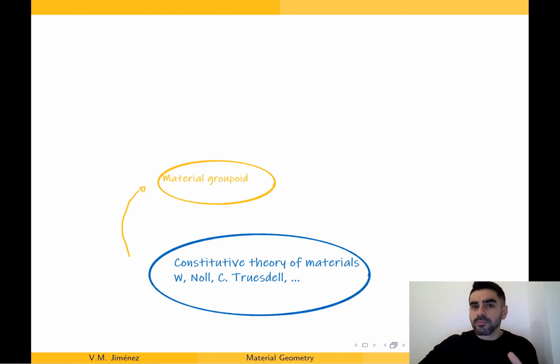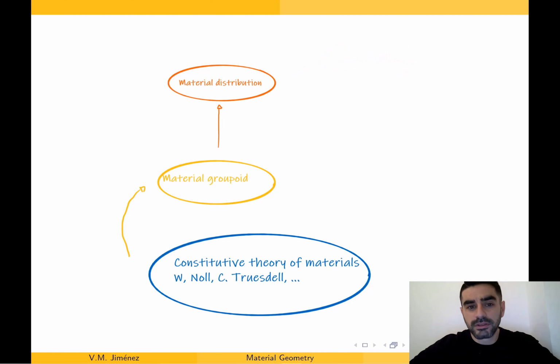What happens with this groupoid is that it is not a Lie groupoid in general. So to solve this problem, we have constructed the so-called material distribution. And again, this distribution is well-defined, unique, and canonical for any simple material.